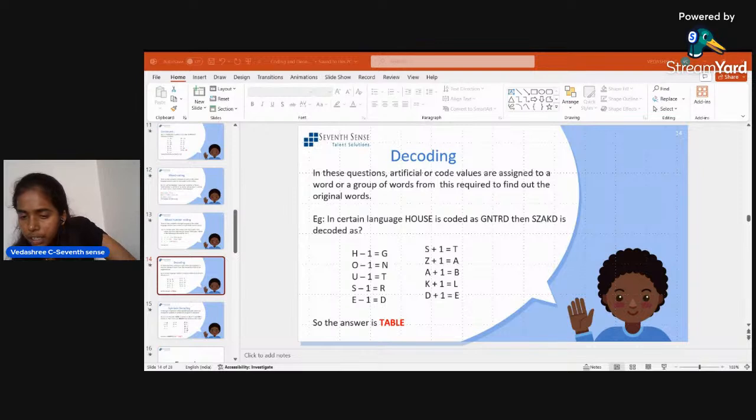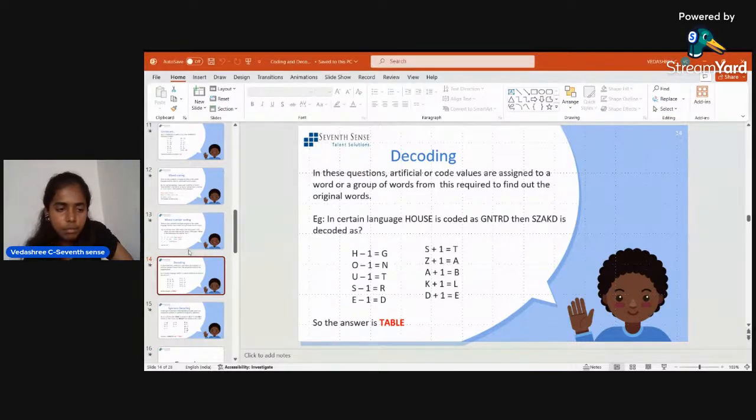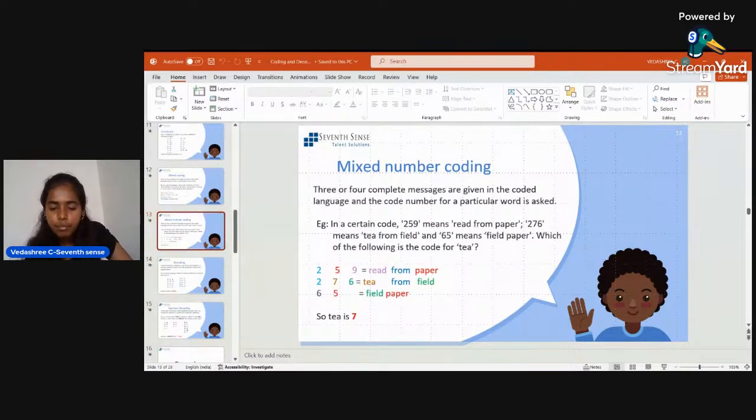How do you find tea? Okay, I'll explain again. What is the question? First understand the question. In a certain code, 259 means read from paper and 276 means tea from field. In these two sentences, what is common?